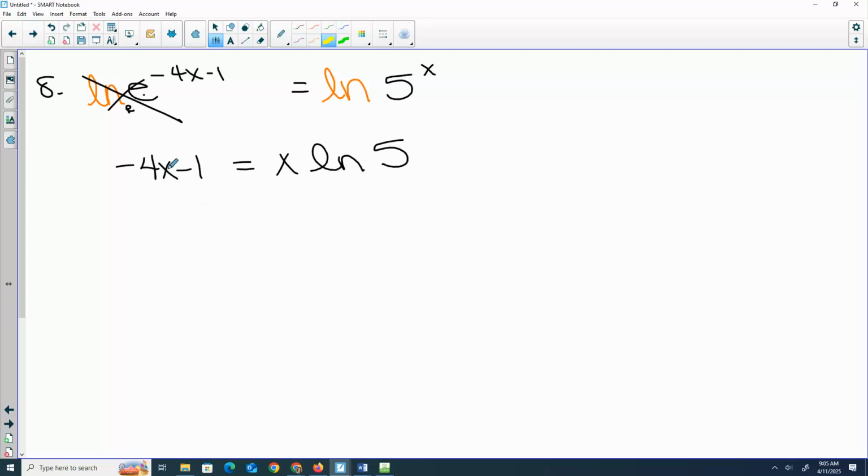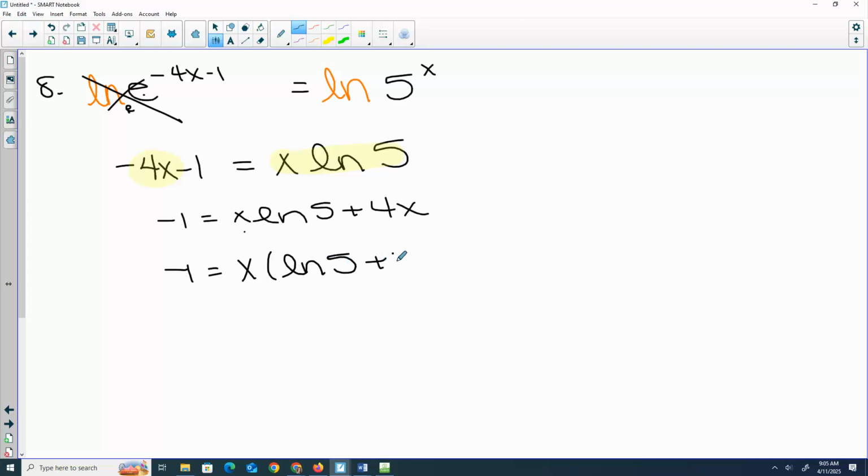So when I look, I have x's in two spots. I need those on the same side. So I'm going to add over my 4x. Both of these have an x, so we factor it out. So now it's x times something.